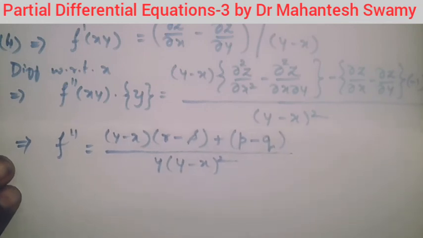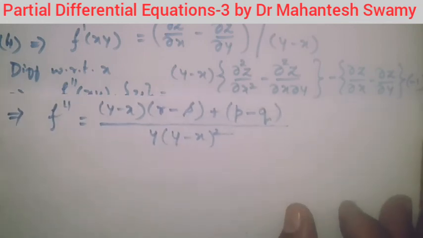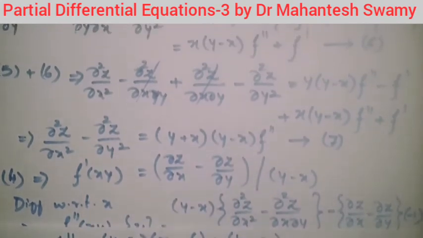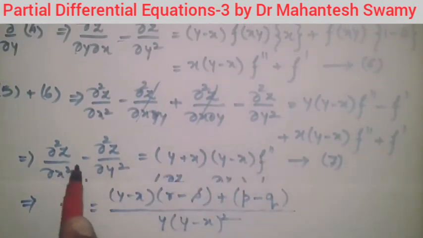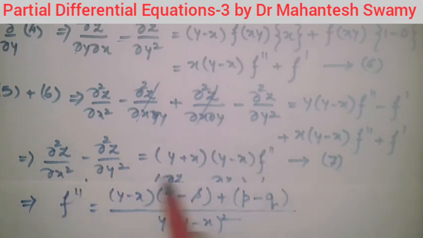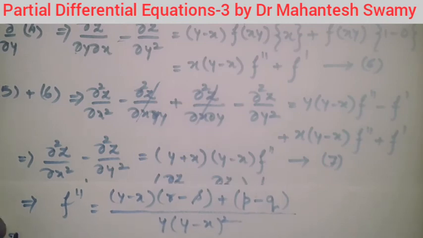So the resultant of this in the simple way, by making use of the notations, is like this. Now we shall substitute this value into equation number 7. So what is equation number 7? Equation number 7 is here, in which we will substitute the value of f double dash.